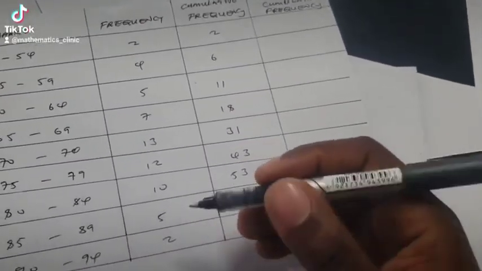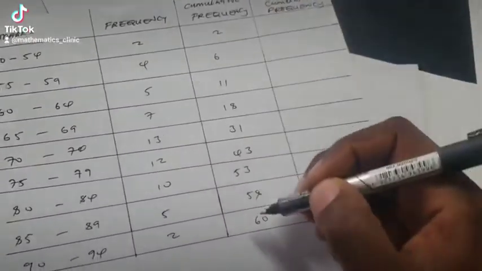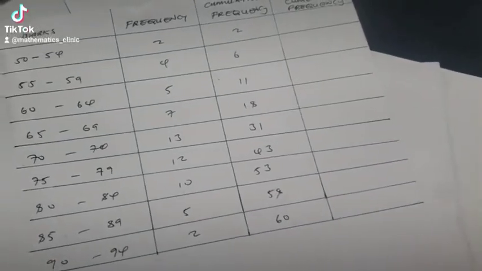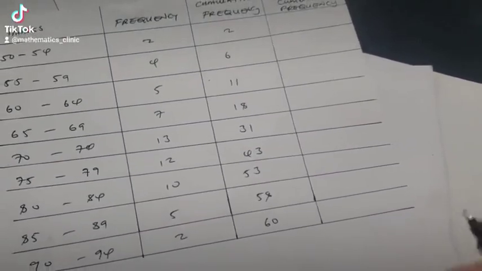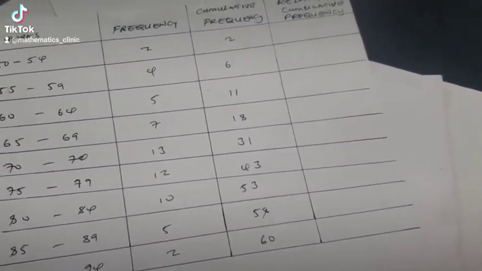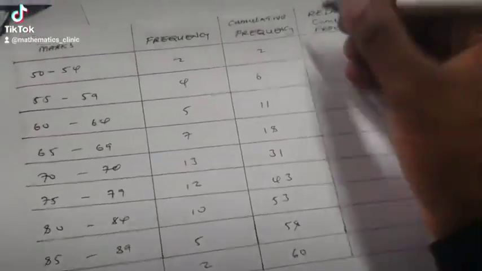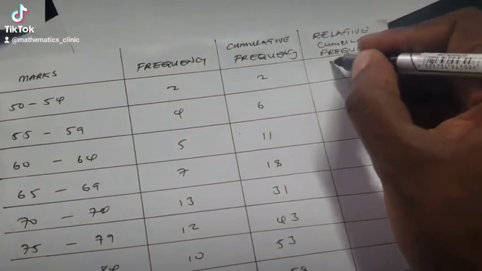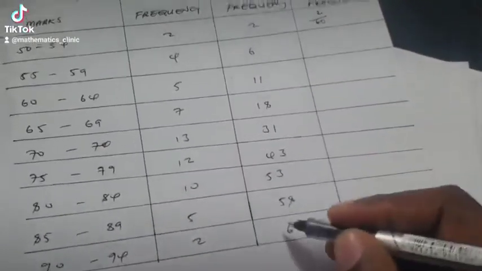We are going to be dividing each cumulative frequency over the total number, the summation of our frequency. So we are going to say 2 over 60, because we have 60 there.